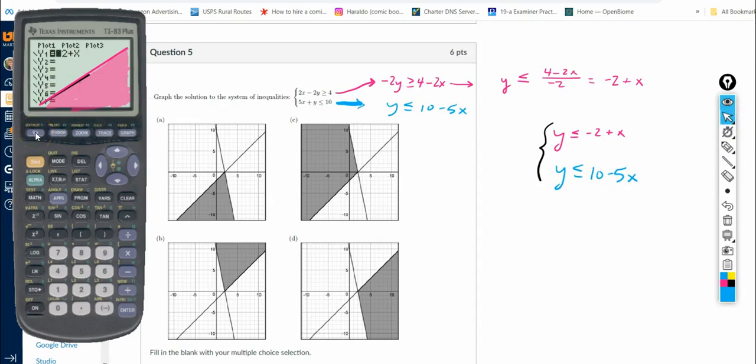So I'm just going to quickly go here and define the blue line. Okay, so I'm going to draw the blue line solid and everything underneath it.